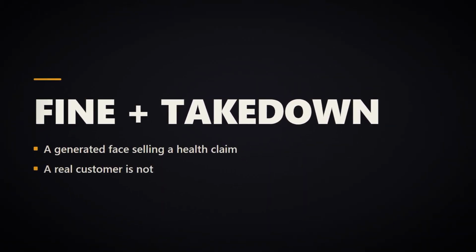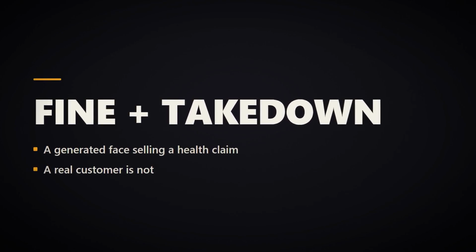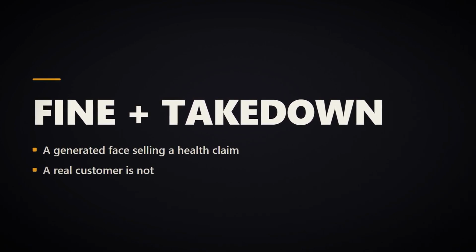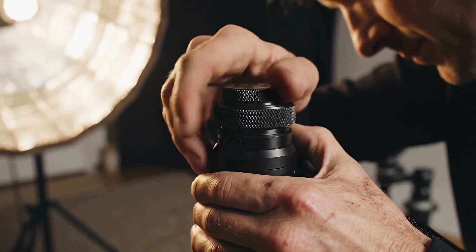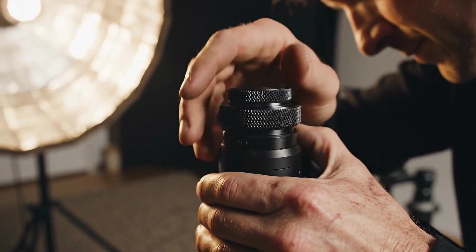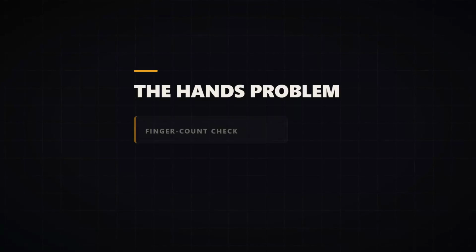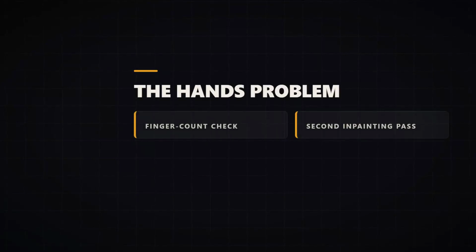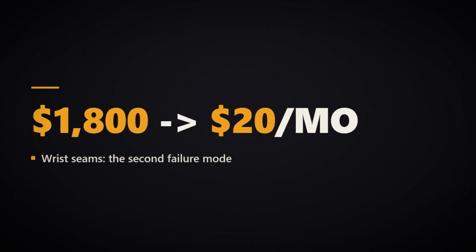Where it breaks. Hands are still the hands problem. If your product needs a finger count, do a second inpainting pass on the hand region, and expect 1 in 5 to be usable. Wrist seams where the head meets a naked neck are the second failure mode, which is why my prompt template extends the mask into the collarbone.